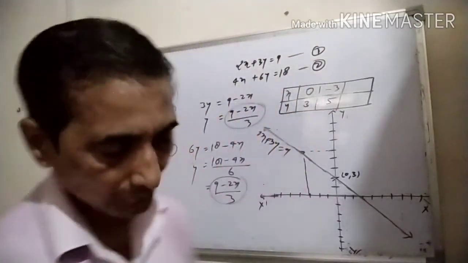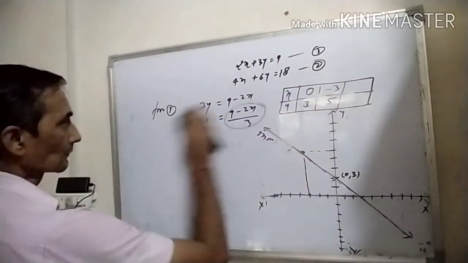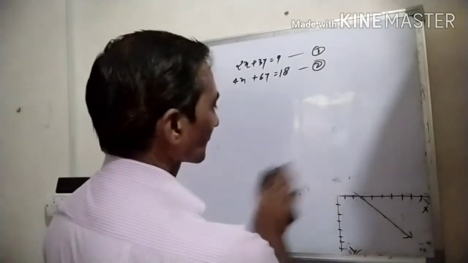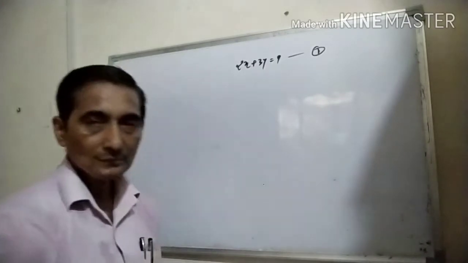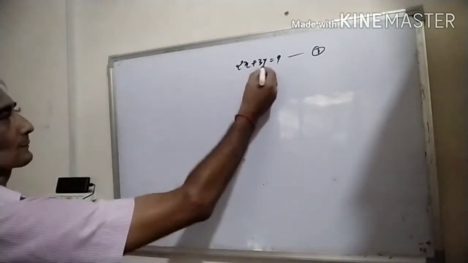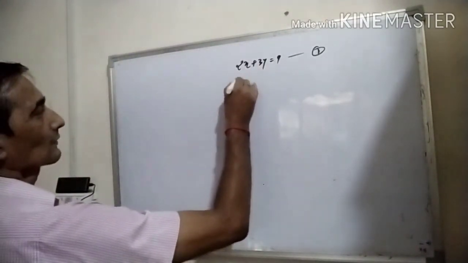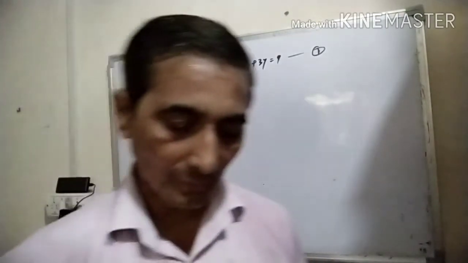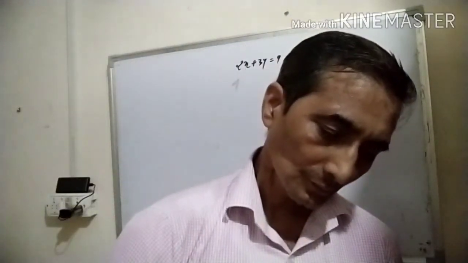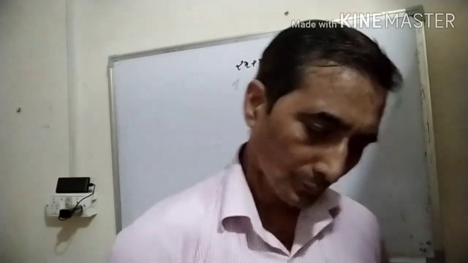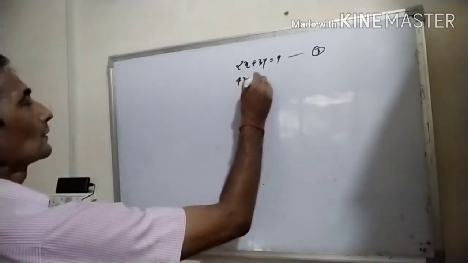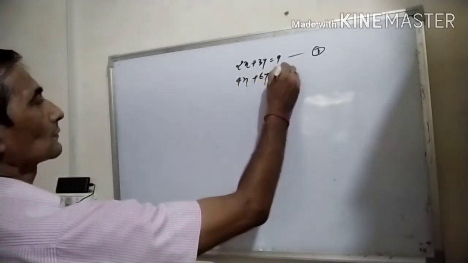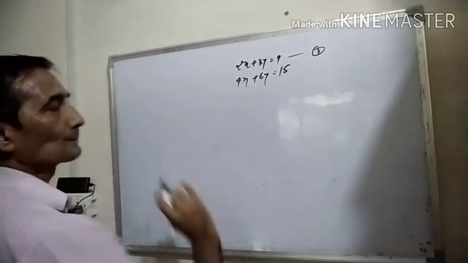Now the third is no solution. Suppose that 2x plus 3y is equal to 9 and 4x plus 6y equal to 15.